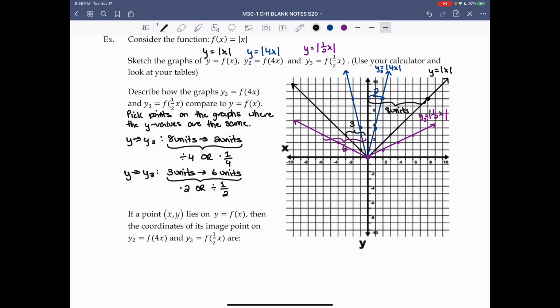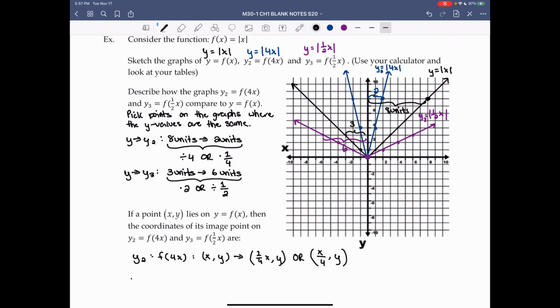If a point x, y lies on y equals f of x, then the coordinates of its image point on y2 equals f of 4x, and y3 equals f of 1/2 x are, for y2 equals f of 4x, we would have x, y goes to 1 over 4 x, y, or we can write that as the x value divided by 4 and then the y value.